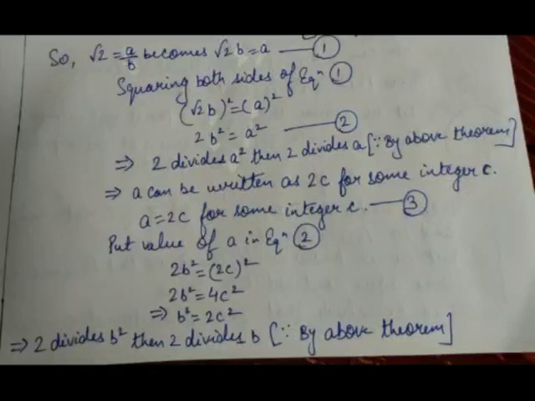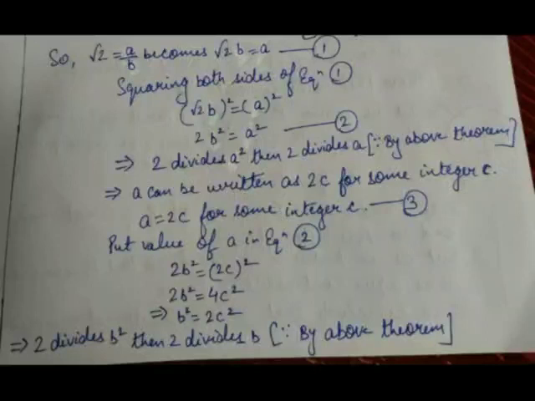Now put the value of a in equation number 2. So equation number 2 will become 2 b square is equal to 2c whole square. Now it can be written as 2 b square is equal to 4 c square. This implies b square is equal to 2 c square. And this implies that if 2 divides b square, then 2 divides b also.